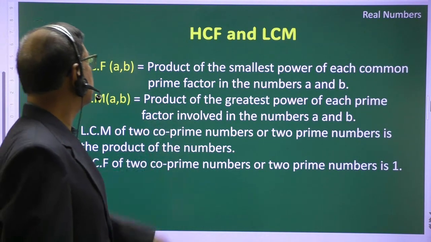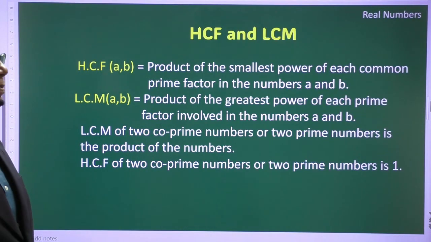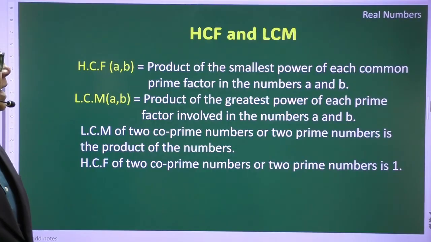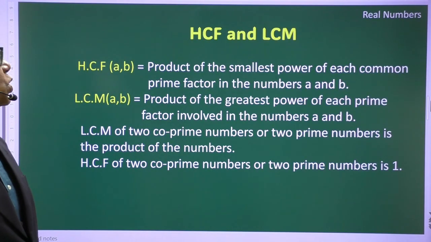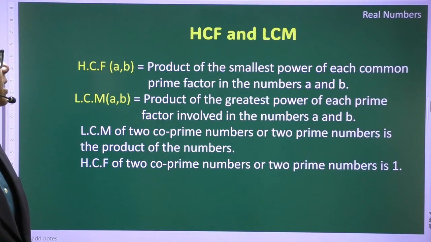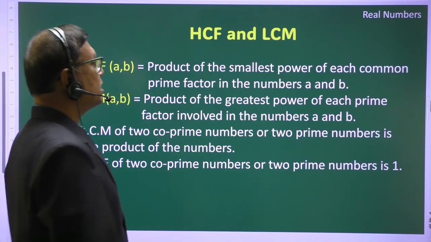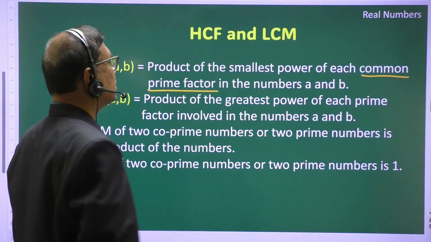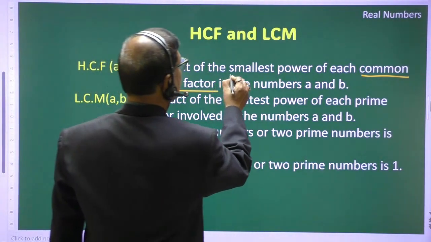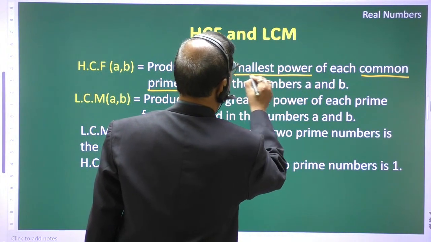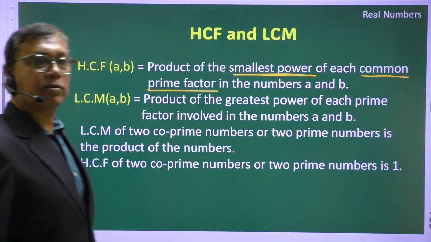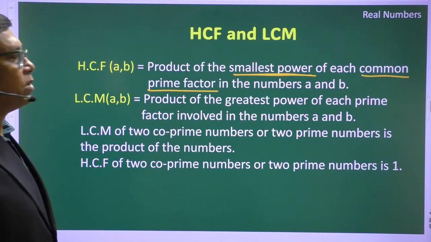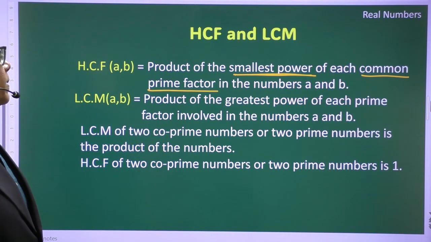HCF of two numbers A and B: the product of the smallest power of each common prime factor in the numbers A and B. Common prime factor and smallest power, these two things are important. We have to take the common factor and the smallest power.